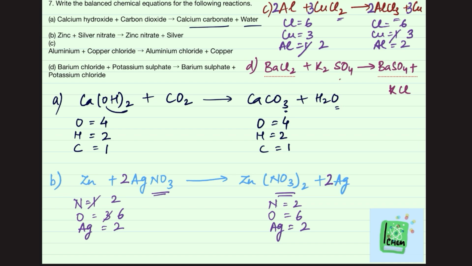Number of sulfate ions on both sides is same, that is 1. But number of potassium and chlorine on the reactant side is 2, whereas on the product side number of potassium and chlorine is 1. So put a coefficient 2 in front of potassium chloride. So now the number of potassium and chlorine atoms on the product side is also 2. So this reaction is also balanced.